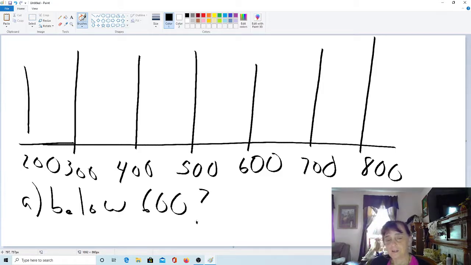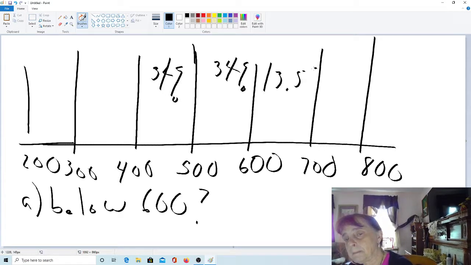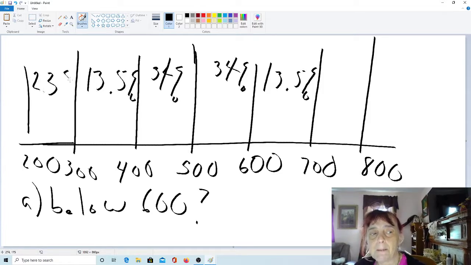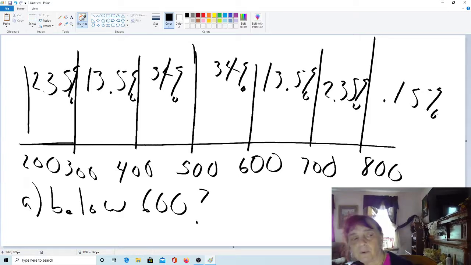Okay. Now this is the mean. So it's 34% here, 34% here, 13.5%, 13.5%, 2.35%, 2.35%, 0.15%, 0.15%.